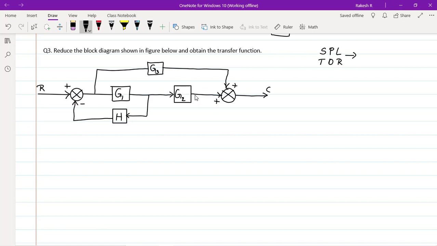For both cases, we need to replace it by 1 by G here.